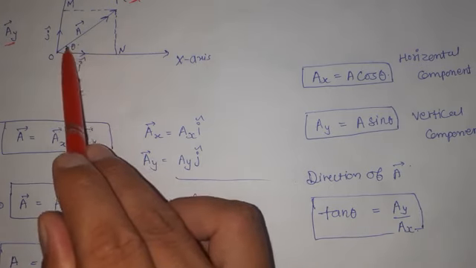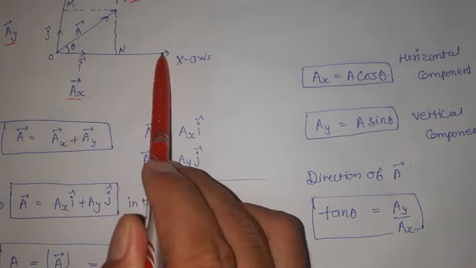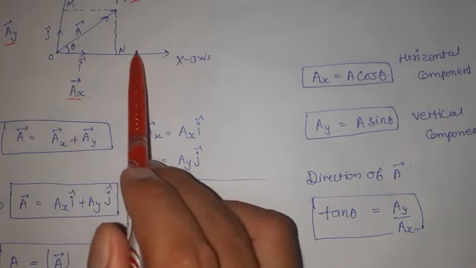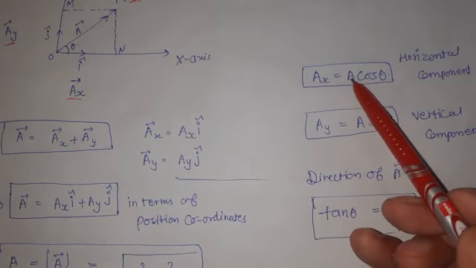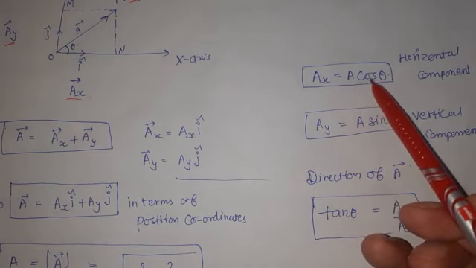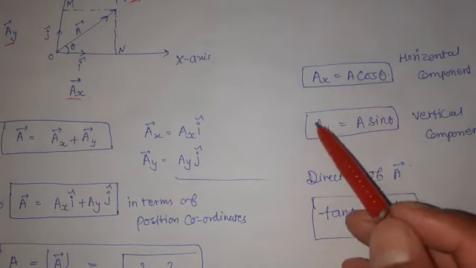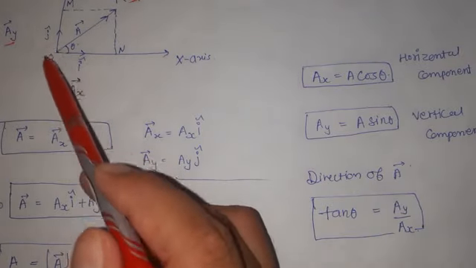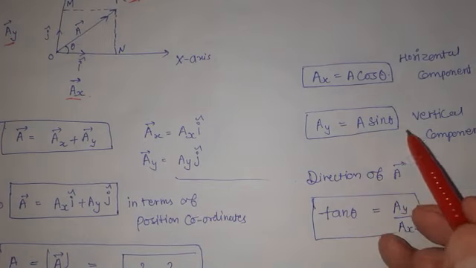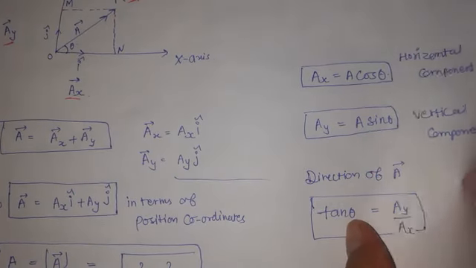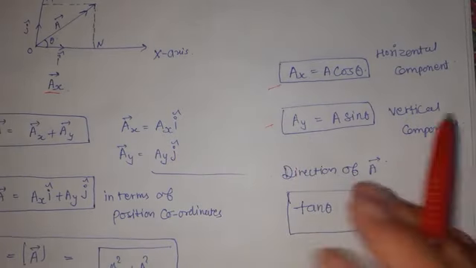Here the vector makes the angle with the x-axis, so the component along the x-axis becomes its horizontal component, given by the magnitude of the vector and the cosine of the angle. Similarly Ay, the magnitude of the vertical component, is A sine theta. These are the important formulas we have.